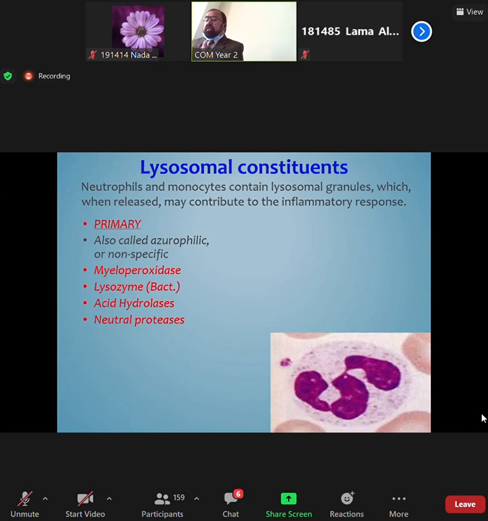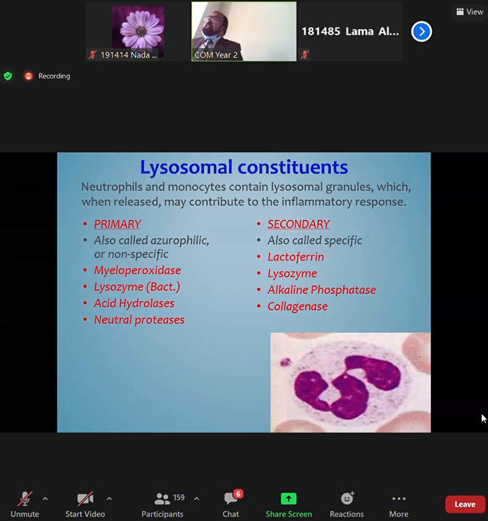The primary, they are also called azurophilic granules, or non-specific ones. They are myeloperoxidase, lysozyme, acid hydrolase, and neutral proteases. The secondary ones are lactoferrin, lysozyme, alkaline phosphatase, and collagenase.